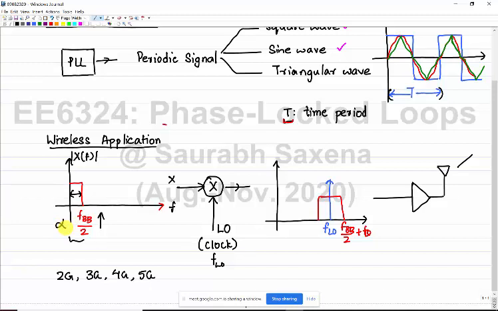So as we go from one standard to a higher standard, the bandwidth is increasing, and at the same time we are also changing our LO frequency to higher frequencies. Okay, so you have to generate this LO frequency, the local oscillator, the clock frequency, to be very precise, such that you can convert the baseband signal to a certain carrier frequency and transmit.